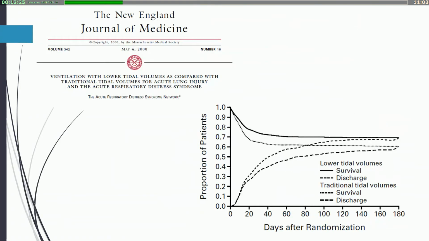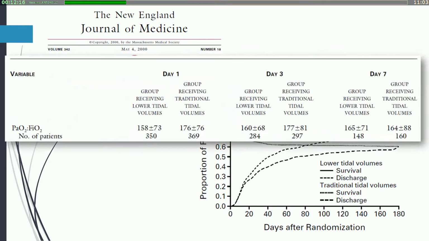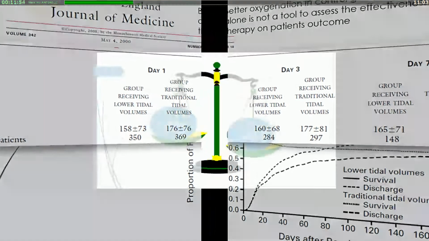However, as soon as you look at the application and you see the advantages of the lower tidal volume, a very interesting aspect should be taken into consideration: those patients who had a better PaO2/FiO2 were the patients allocated into the control. So it means that despite there was an improvement in the mortality rate, the oxygenation maybe was not as important as we may think.